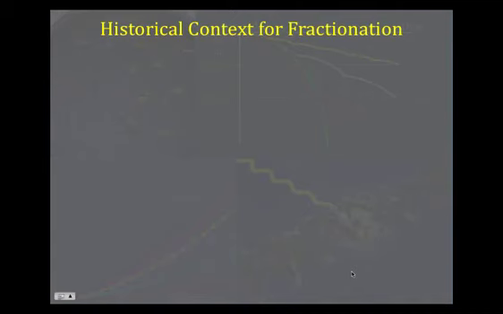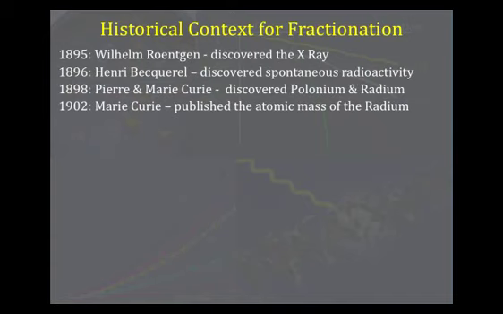Now, let's come back in time and understand why things were made the way they were. So in the late years of the 19th century, radiation was discovered. First the X-ray, then the word radioactivity was actually first put in the literature by Marie Curie, and the Curies discovered the radioactive materials and were able to isolate them.